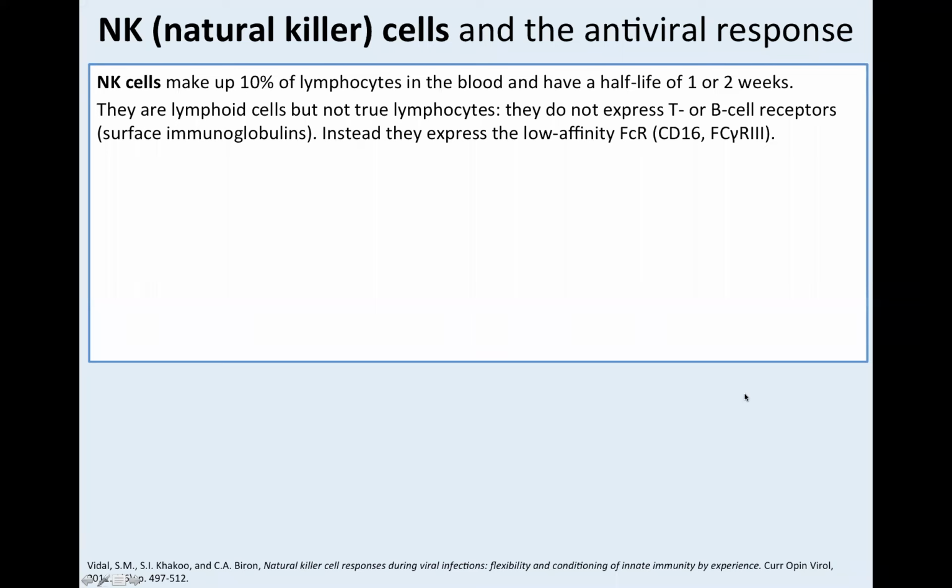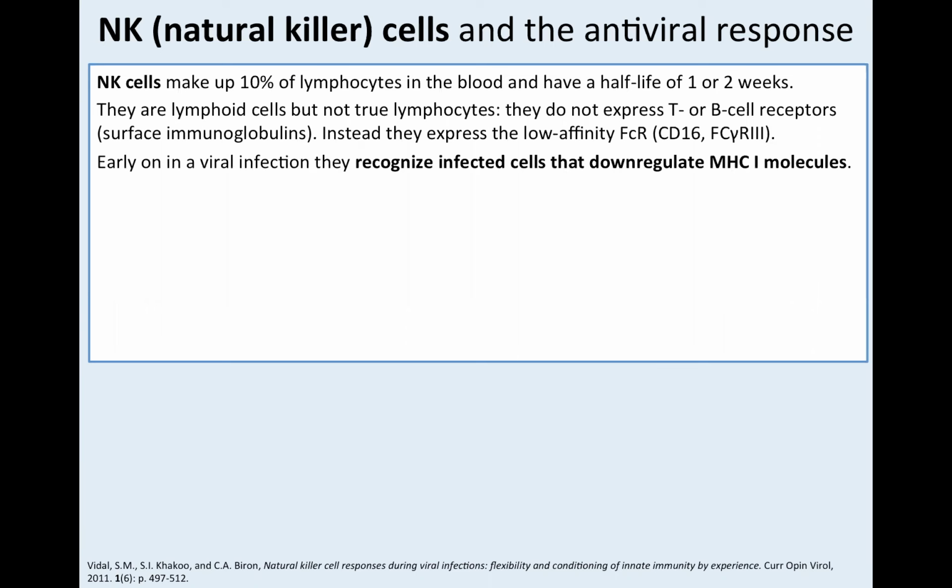Now, the true effector cell against viral responses is the NK cells. NK cells make up 10% of lymphocytes in the blood, and they have a half-life of a couple of weeks. They are not true lymphocytes, but rather lymphoid cells because they do not express T or B cell receptors, but they have the Fc receptor on the surface.